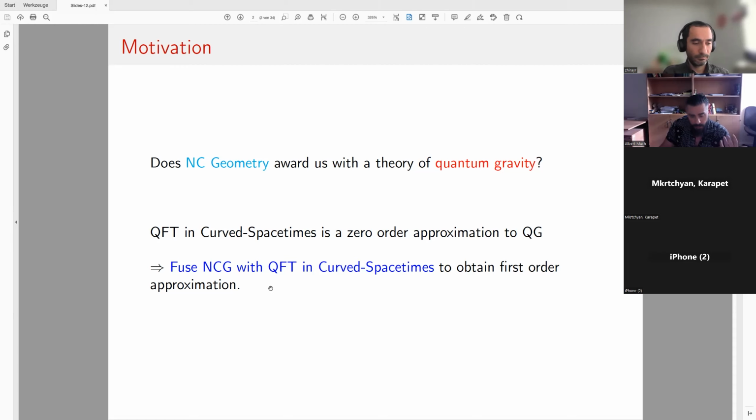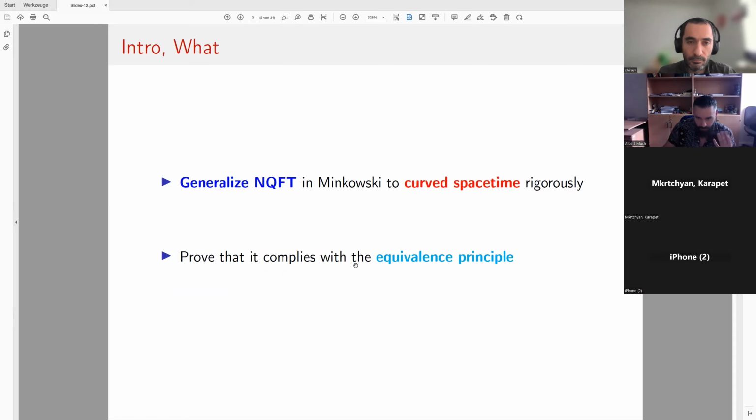The idea is to fuse non-commutative geometry with quantum field theory in curved spacetimes to obtain a first-order approximation. I want to do it via deformation quantization, because that automatically gives you the zero-order theory, which is QFT in curved spacetimes, and then it gives you corrections to it. So this is the idea.